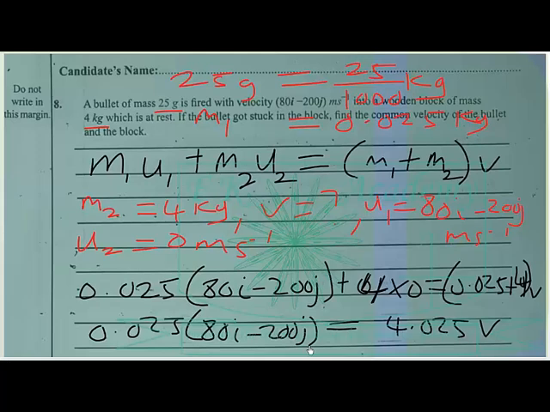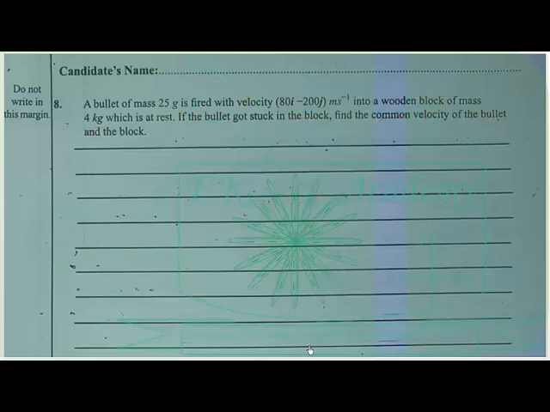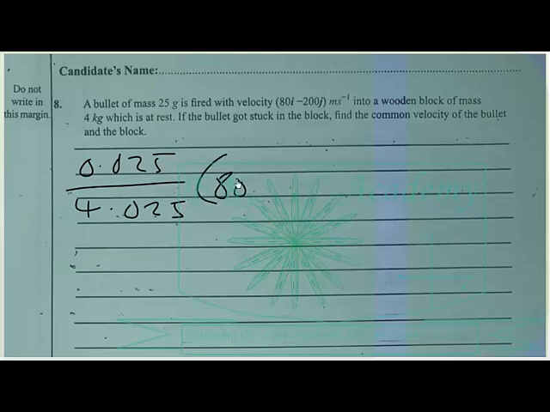So dividing through by 4.025, we get 0.025 over 4.025 into bracket 80i minus 200j is equal to v. That is the common velocity of the bullet.